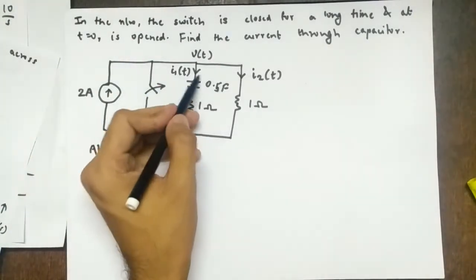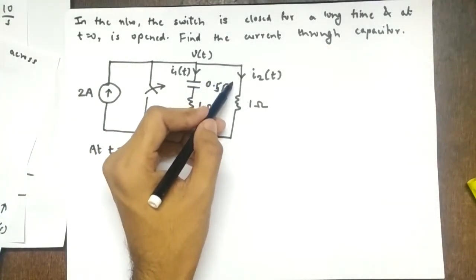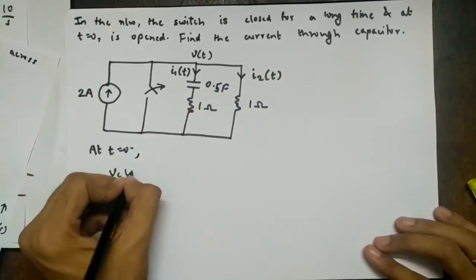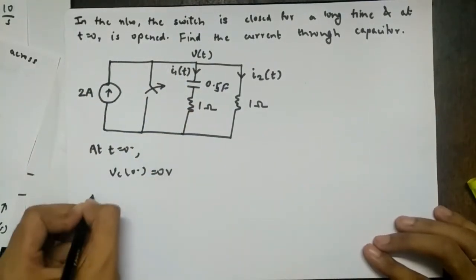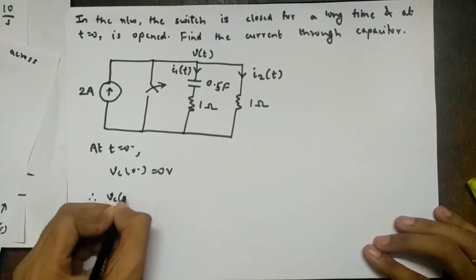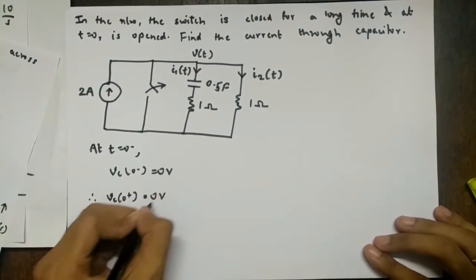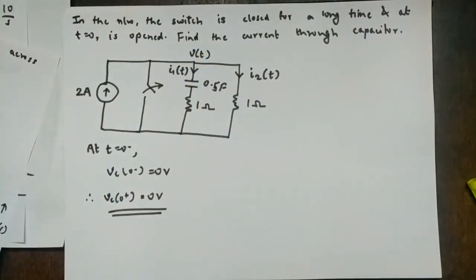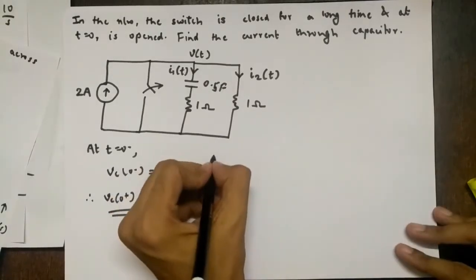So I1 of 0 minus is 0, I2 of 0 minus is 0, right? And what will be Vc of 0 minus? It will be 0 volts. So since current through inductor does not change instantaneously, so Vc of 0 plus is also 0 volts. If you want, you can write I1 of 0 minus, I2 of 0 minus is 0, but that won't be required.